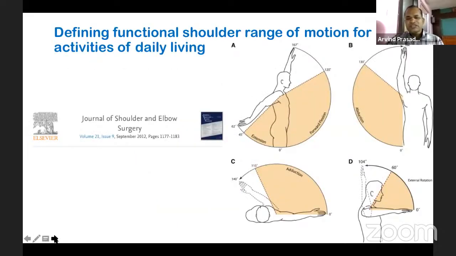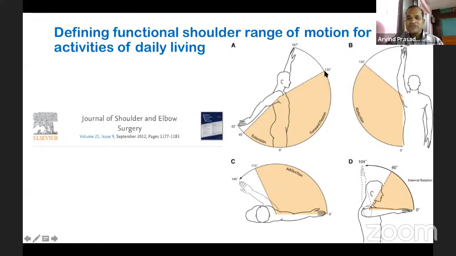So the shoulder has a very high range of motion. In fact, daily living activity does not need that much movement. Recently, in the Journal of Shoulder and Elbow Surgery in 2012, it was published what amount of motion is required for daily routine activity.